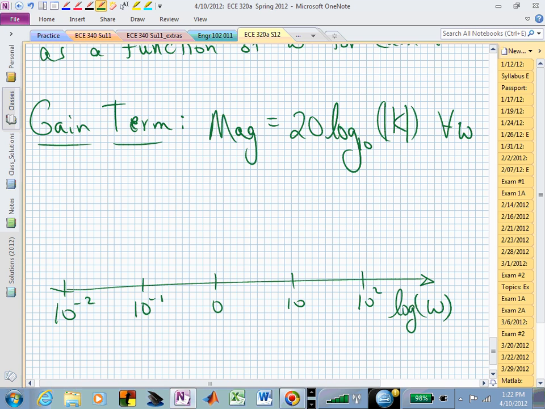What's the log of 1? 0. So we know the log of 2 must be between 0 and 1. What's the log of 2? Does anybody have a calculator? 0.3. So now we need to go 30% of the way towards 10 to get our 2.